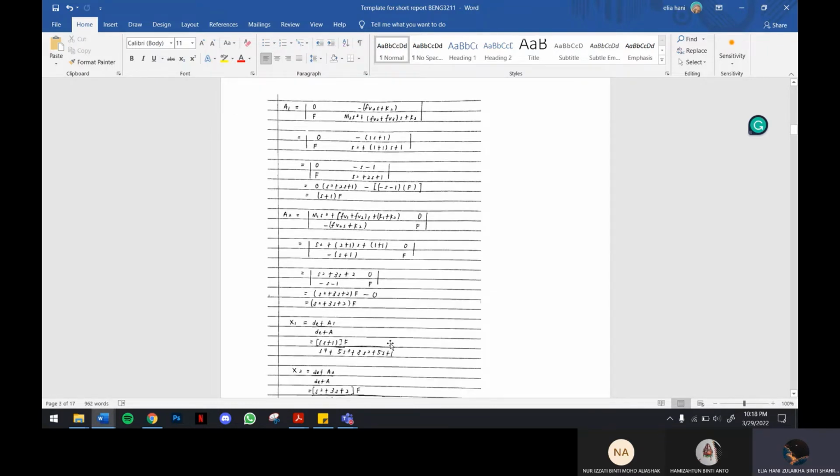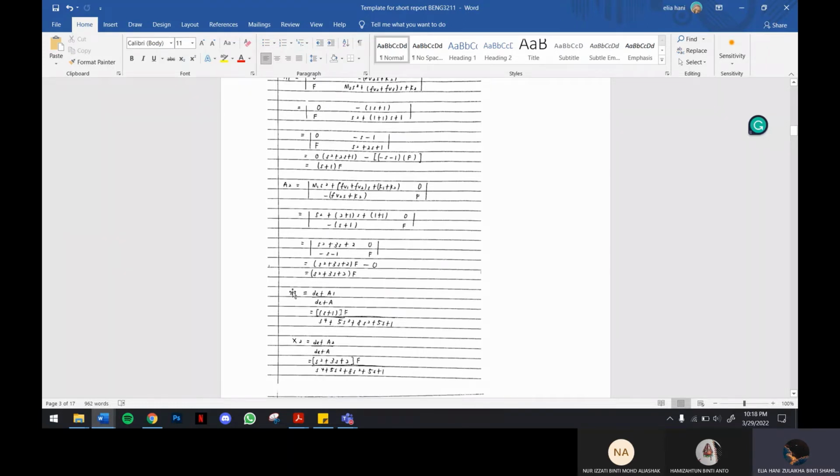The transfer function of x1 was determined by dividing the determinants of A1 and A, and the transfer function of x2 was determined by dividing the determinants of A2 and A.